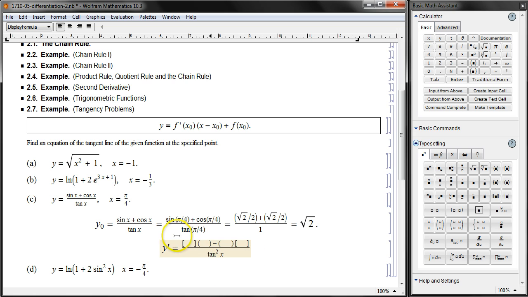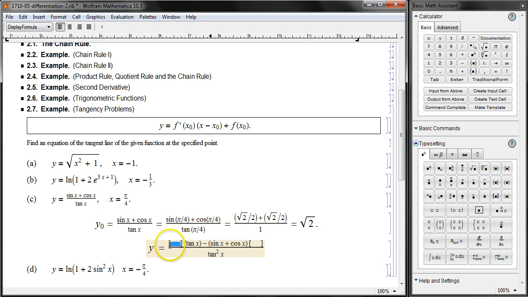Let's see, u prime, that's going to be the derivative, and then v is nothing more than the denominator. Let's copy it, tangent, and then this is just the numerator, so sine of x plus cosine of x. There you go. How about the derivative? Let's fill out the derivative. The derivative of the numerator, what do you have here?